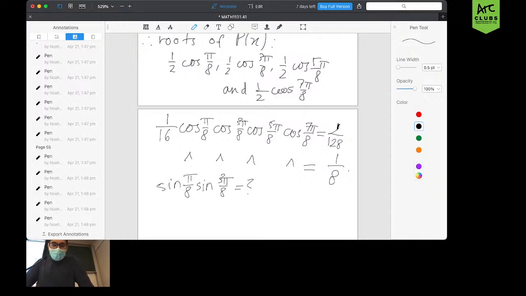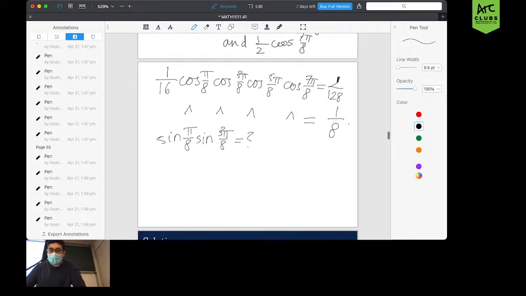No, that's all right. So the way you convert cos functions to sine functions is you use the complementary angle identity. So we use the fact that cos of x is equal to sine of pi on 2 minus x. Right?